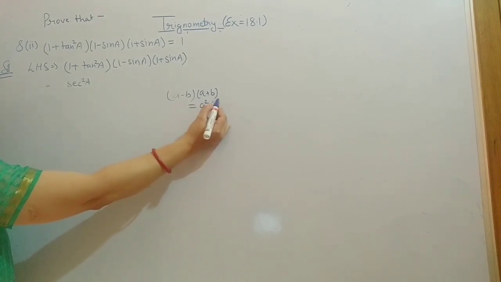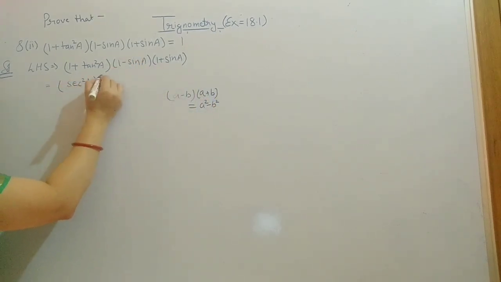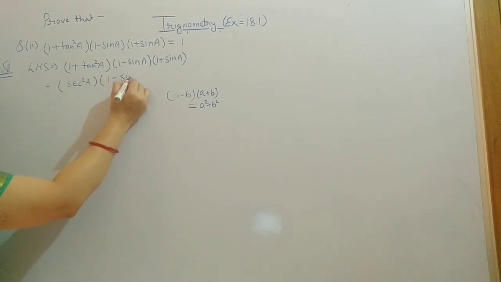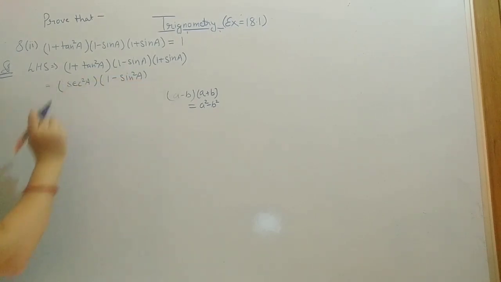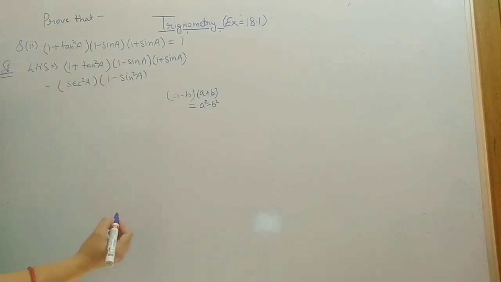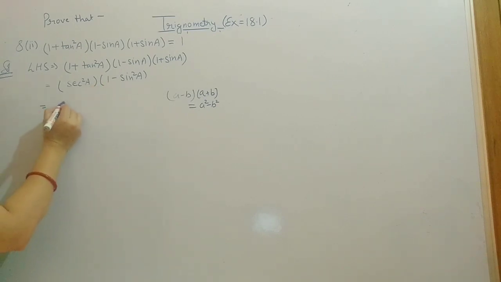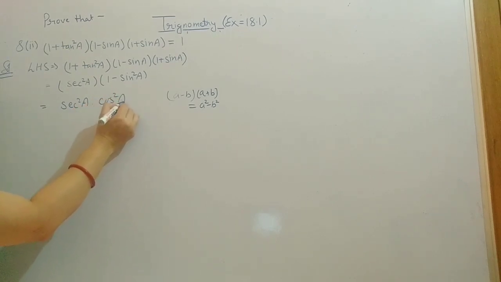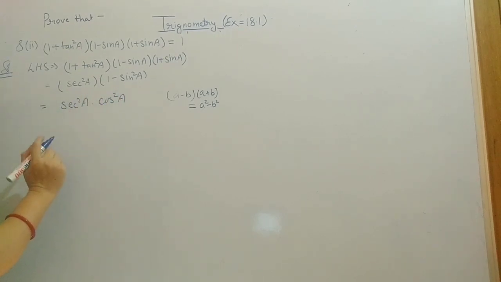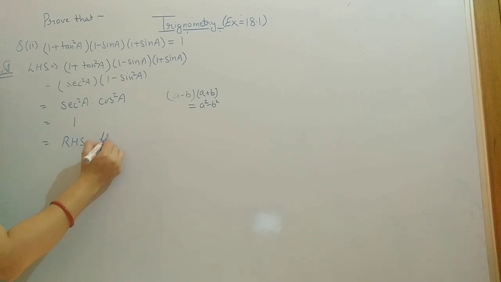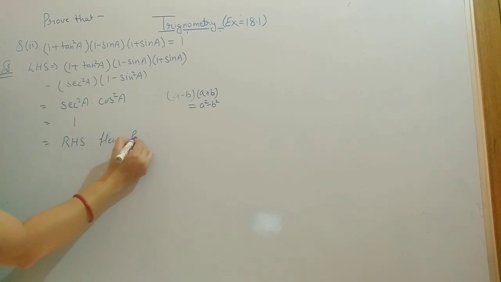So with the help of this identity we can write it as 1 minus sin square a. 1 minus sin square a, as we have done in the last question, is equal to cos square a. So sec square a into cos square a, and we know sec into cos is equal to 1, so it will become 1 equal to the right side, hence proved.